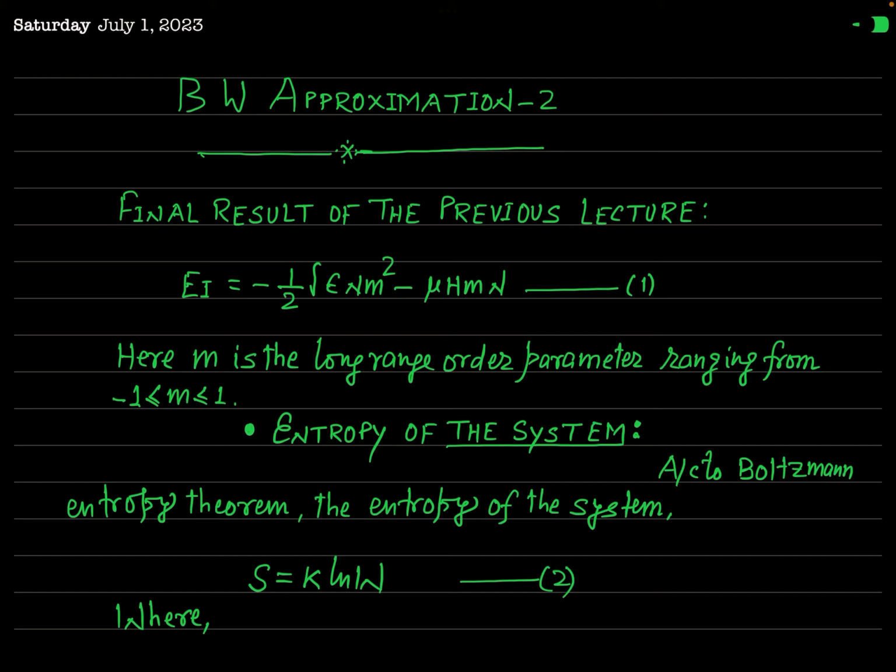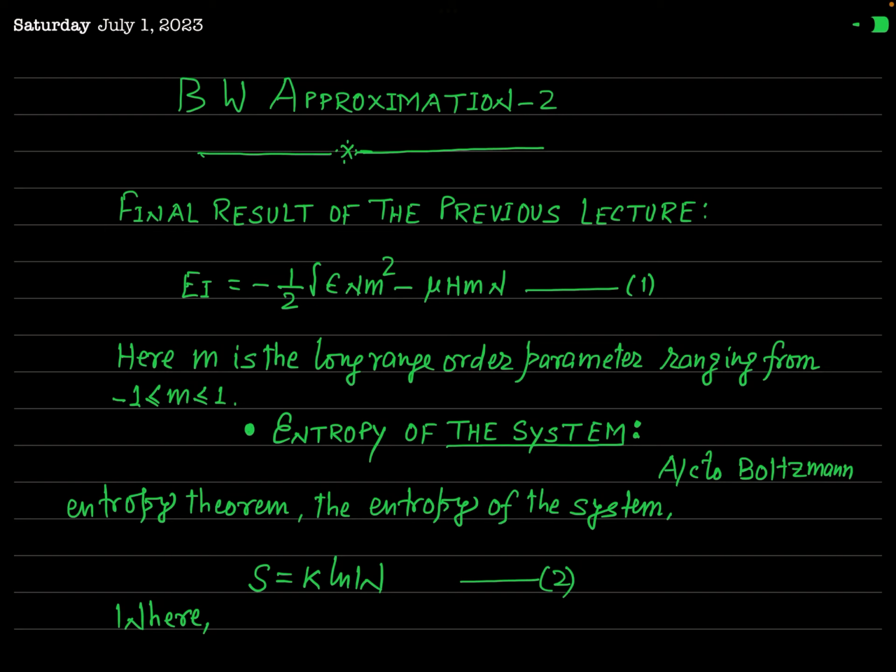The first was the intrinsic interaction, also called spin-spin interaction, and the second was the external or extrinsic interaction, that is, the interaction of the magnetic dipoles of the system with the external magnetic field. Due to these two interactions, interaction energy is developed in our system, and we calculated its value in the first part of this lecture.